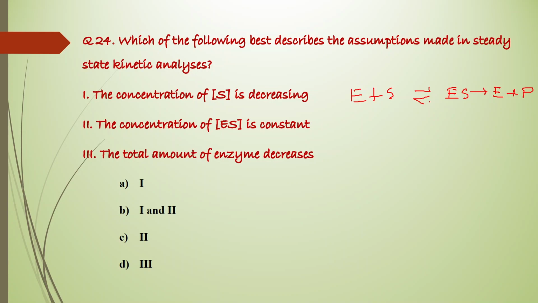Now while deriving the Michaelis-Menten equation, we made a steady state assumption which was d[ES]/dt equal to 0, which means the rate of formation of ES is equal to the rate of breakdown or dissociation of ES. So that is the basic assumption that you can take for any kind of steady state kinetics. So which statement is correct for this?